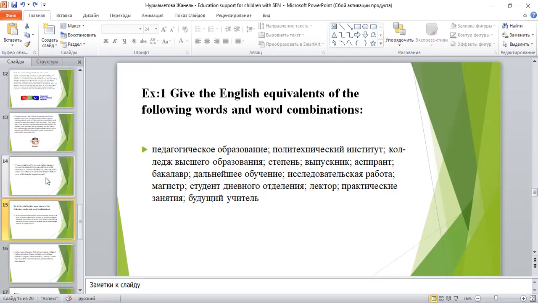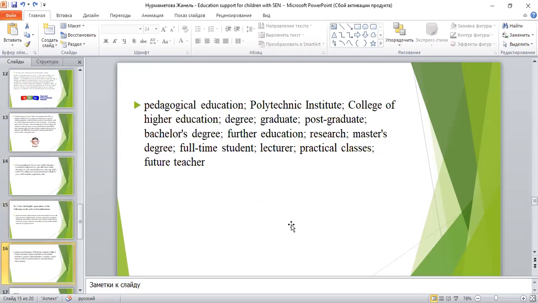After that they will pass to the master's degree, and they will study in full-time studies, and certainly they will be teachers in different schools.